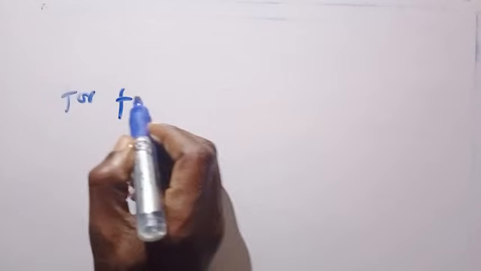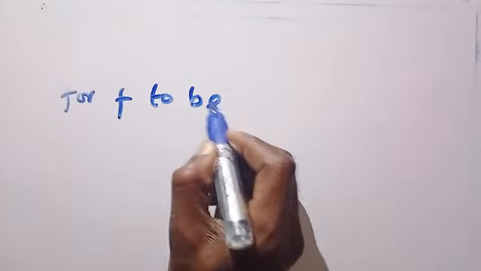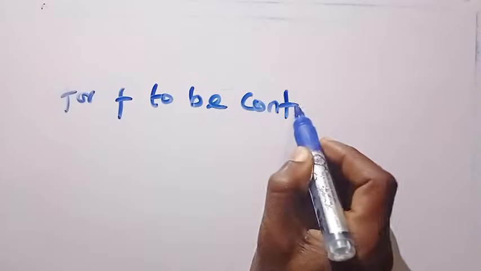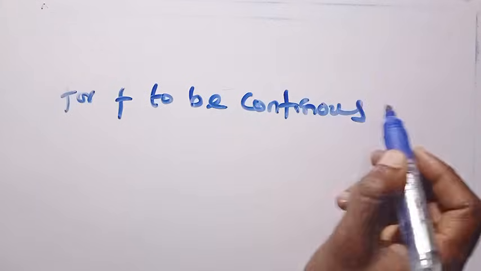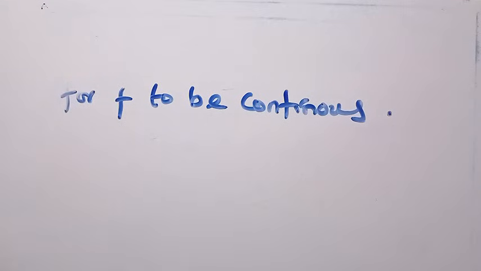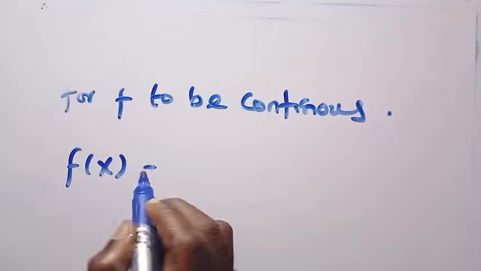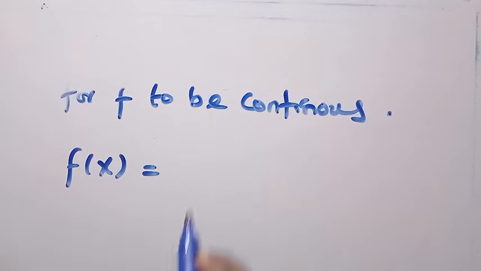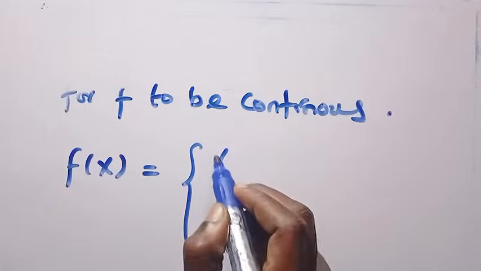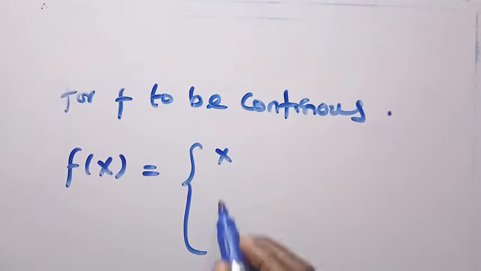So for f to be continuous, we are going to have f of x, which divides based on piecewise, as x, and we're still going to have x.